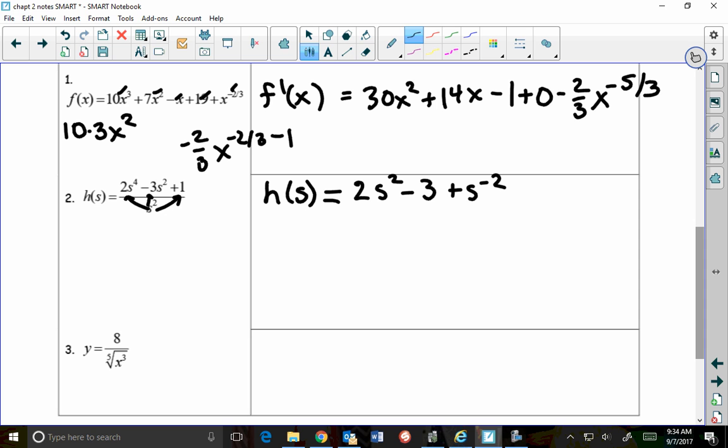No. No derivatives, no calculus, all pre-calc so far. So 1 over s squared is s to the negative 2. Now can we do our calculus? Yes. See how calculus isn't always the hard part.